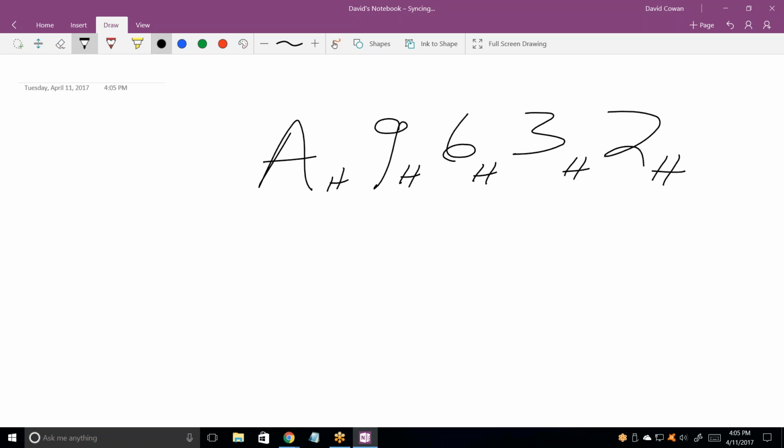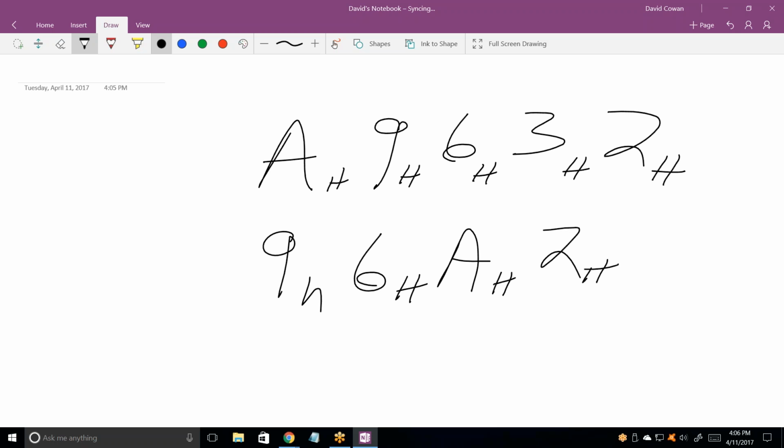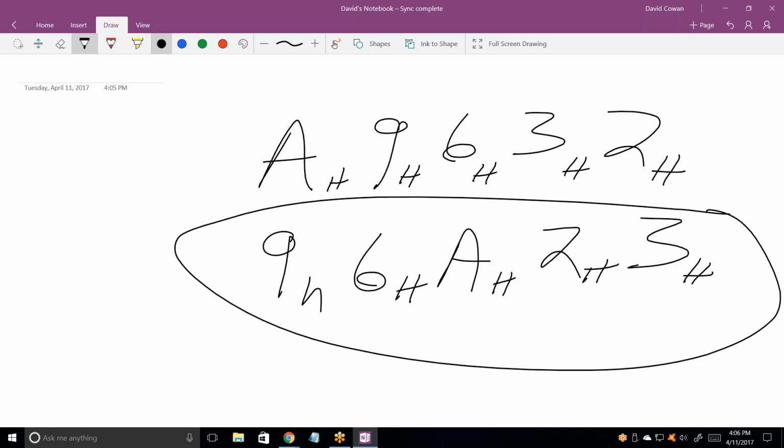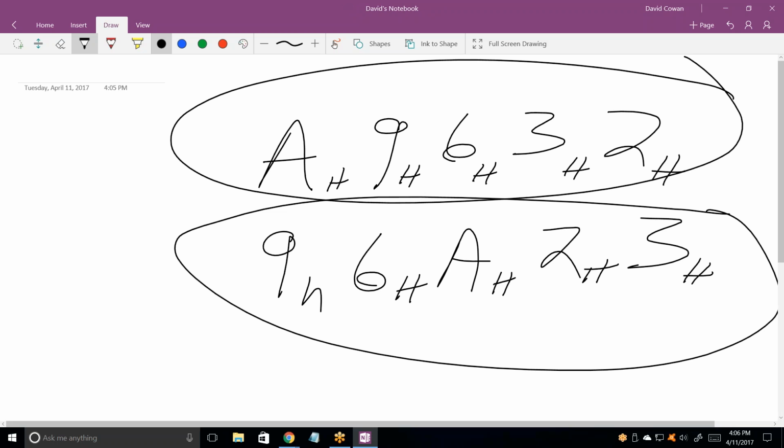But it doesn't matter if they come in this order. If you get the 9 of hearts first, and then the 6, then the ace, and then the 2, and then the 3, you have the same hand.